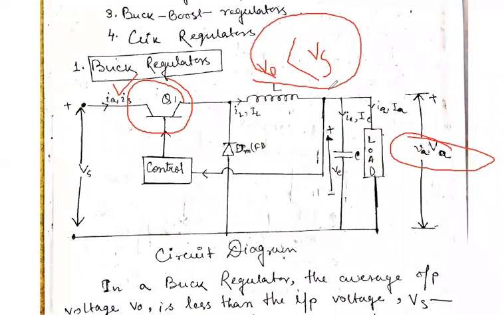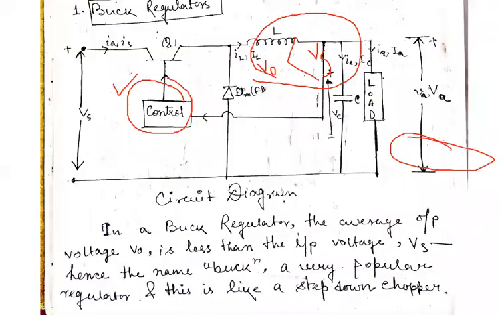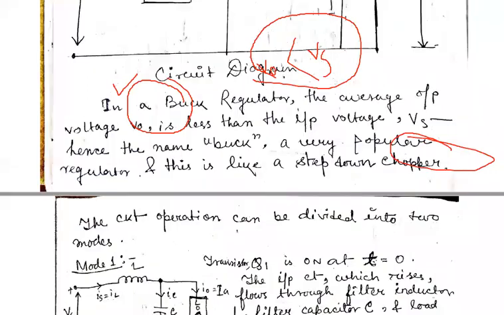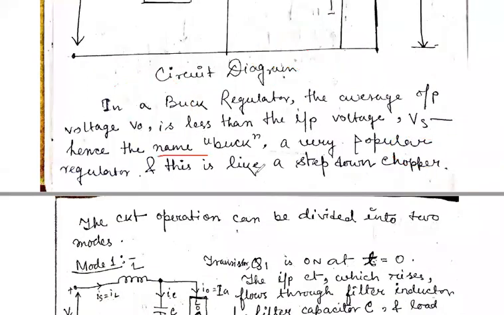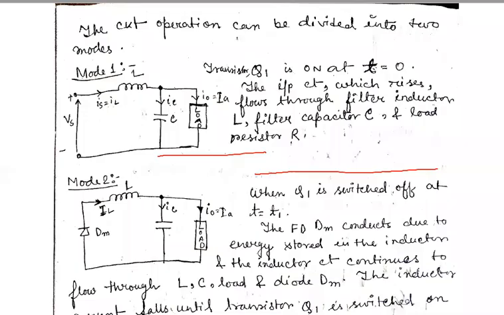That's why the name buck is used. As VO is less than Vs, we call this a buck regulator. And this is also like a step down chopper. So, as in a normal chopper circuit, here also there is a two mode operation.